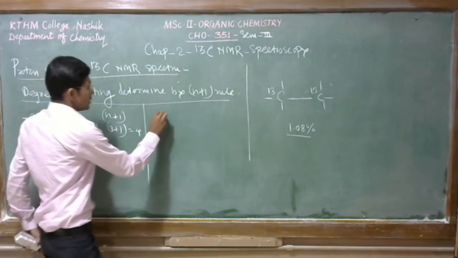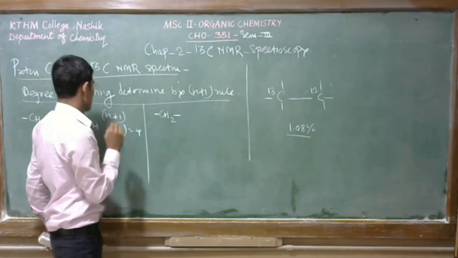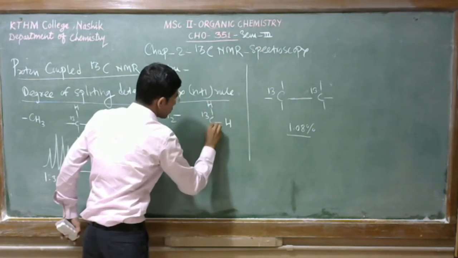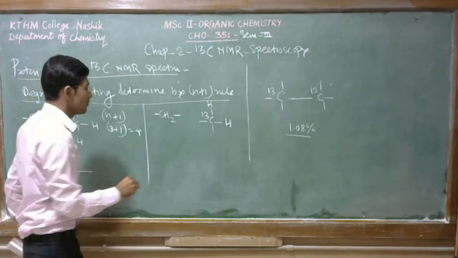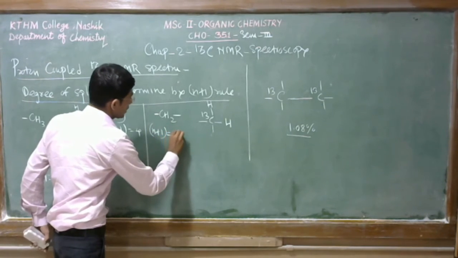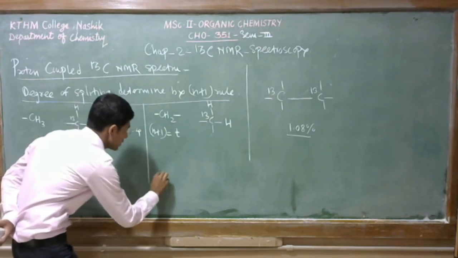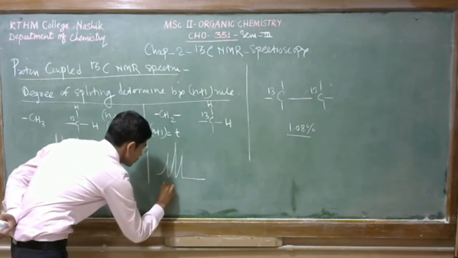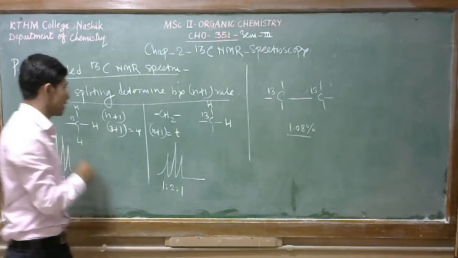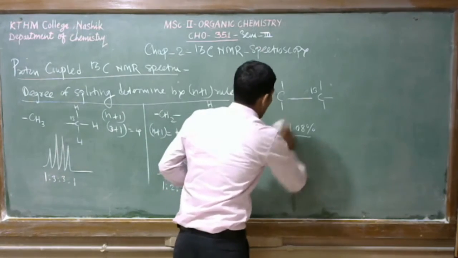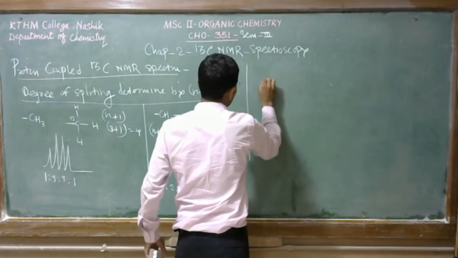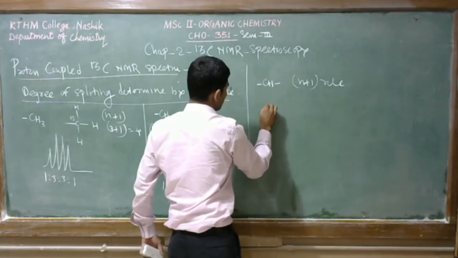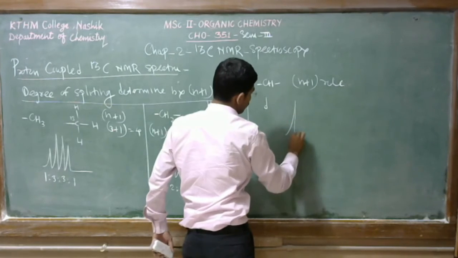So that is the methyl carbon. Then the methylene carbon: 2 protons are attached over this carbon, so n plus 1 gives a triplet signal, in the ratio 1:2:1. Also the CH carbon, if you apply the n plus 1 rule, gives a doublet in the ratio 1:1.